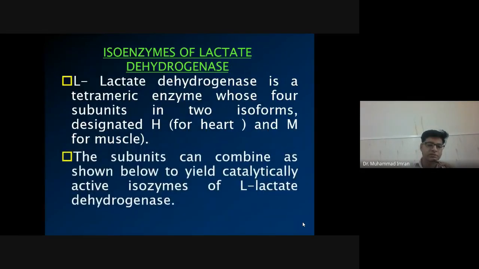So first of all, we will discuss lactate dehydrogenase, which is a tetramer. Tetramer means it is made up of 4 subunits, H and M. H for heart and M for muscles.